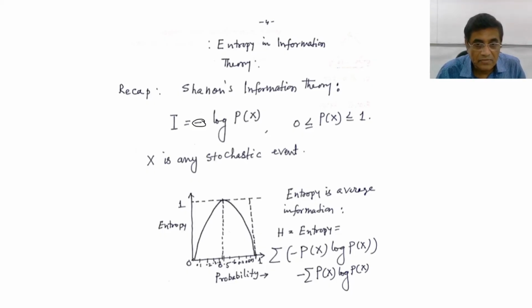When the probability increases, entropy increases. Entropy increasing means there is uncertainty in the data. That means information is there, and that is our interest. And the entropy becomes maximum, which is equal to 1, when the probability of x is 0.5.